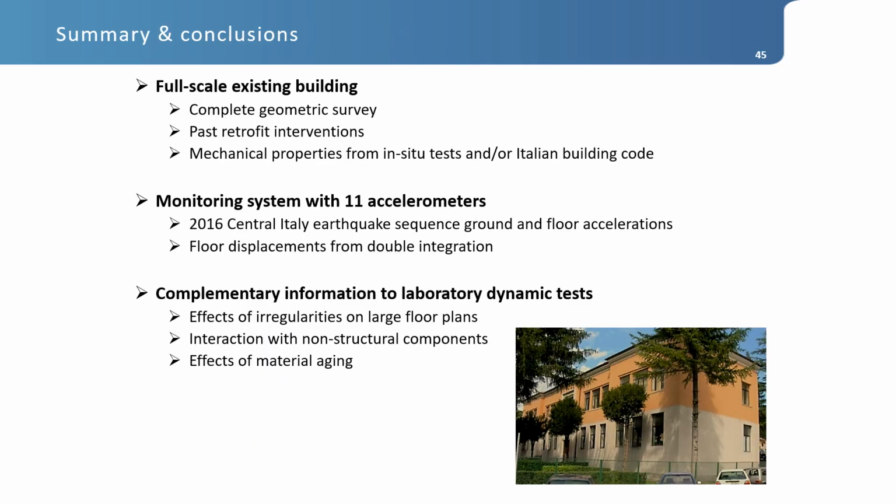So in conclusion, on this validation, this comparison, we can see that this is a unique case of a full-scale existing building with a complex geometry, which was fully surveyed, which was retrofitted in the past after the 1997 earthquake, in which mechanical properties were derived from in situ tests and complemented by information from the code, so a little uncertain in this part.